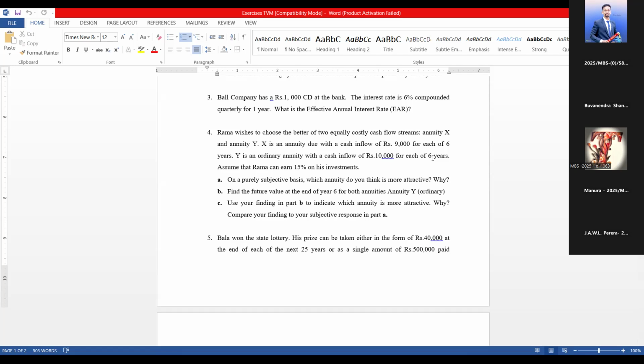If we take our valuation part, find the future value at the end of year 6 for both annuity X and annuity Y. And using the finding, you need to see which annuity is more attractive after you calculate scientifically. So can you try the answer for annuity X and annuity Y?